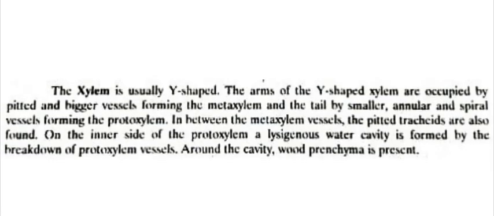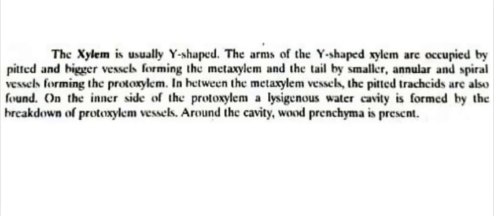In the vascular bundles, xylem and phloem are present. Xylem is Y-shaped. The arms of the Y-shaped xylem are formed by the pitted and bigger vessels, which are known as the metaxylem, and the tail of the Y-shaped xylem is formed by the smaller annular and spiral vessels, which are the protoxylem.